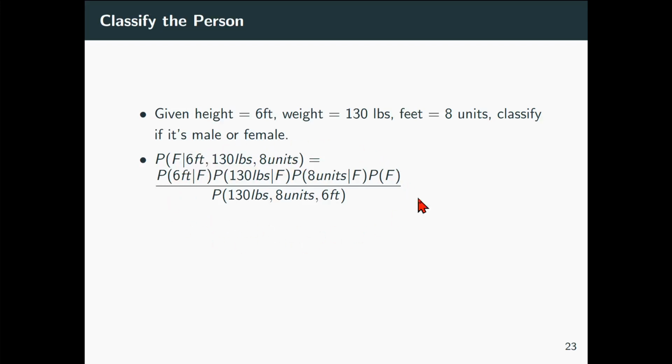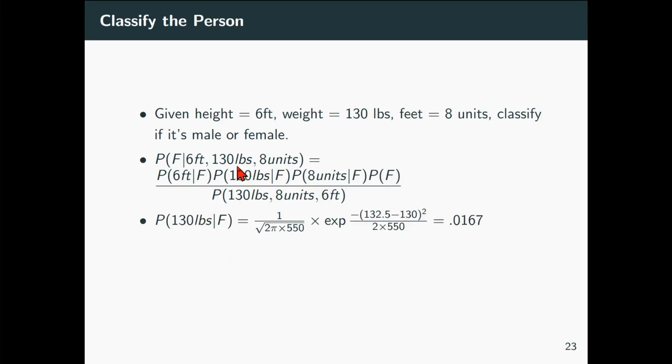You apply Bayes rule to write this as the probability of 6 feet given female, probability of 130 pounds given female, probability of 8 units given female, and probability of female, which is half, since half of your samples are female and half of your samples are male, divided by the probability of the observation itself, which we can just treat as a normalization constant.